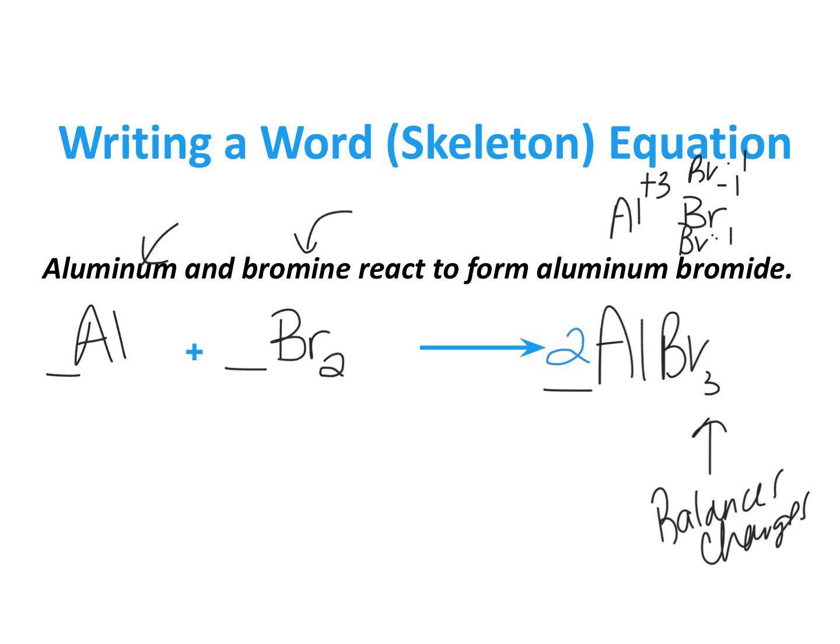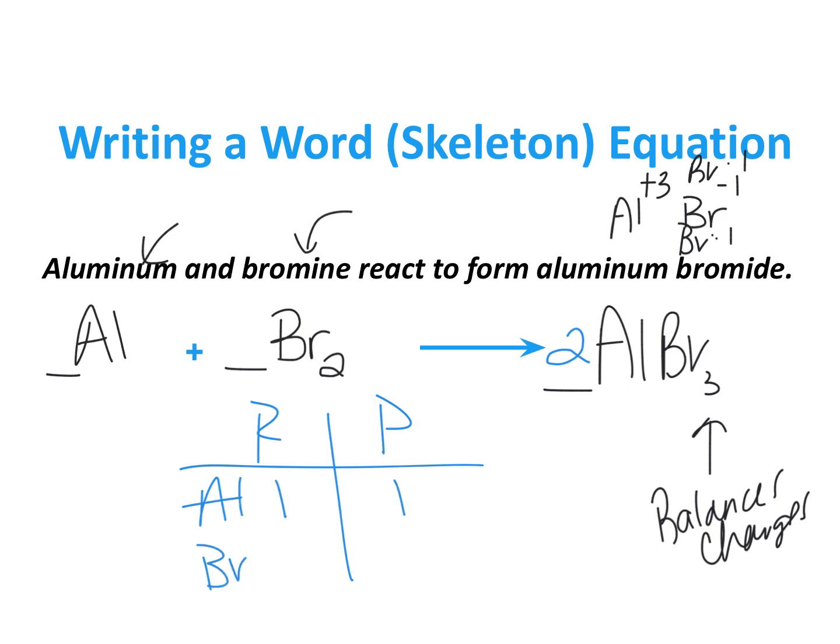And if we wanted to, you could go ahead and do your reactants and your products T-chart. We've got aluminum, we've got bromine. There was 1 aluminum in the reactants, there was 1 in the products. There were 2 bromines in the reactants, there were 3 in the products. So that's where I saw that 2-3 split. So we're going to go ahead and get this to 6. And when we do that, this 2 multiplies to the 3 and to this invisible 1.